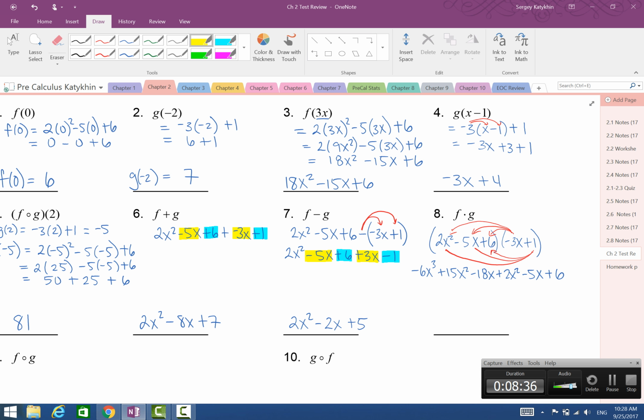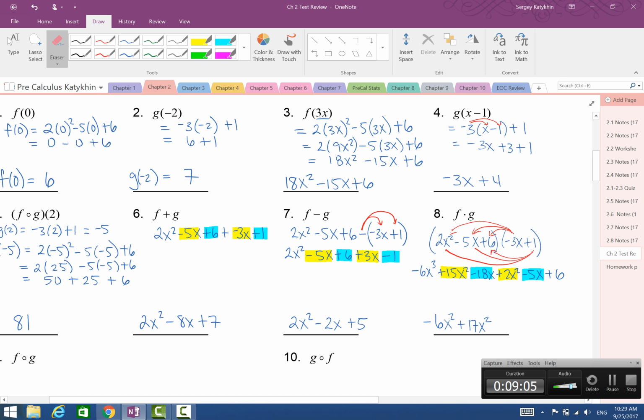So as you see, we do have like terms. We have a couple of x squared terms that we can combine. Also negative 18x and negative 5x can be combined. So our final answer is going to be negative 6x squared. When you take positive 15x squared and a positive 2x squared, you will get positive 17x squared.